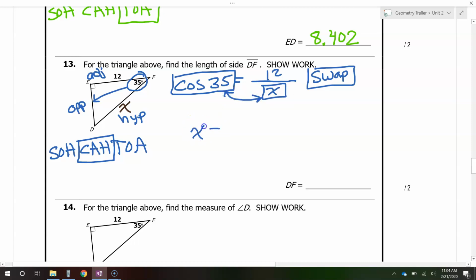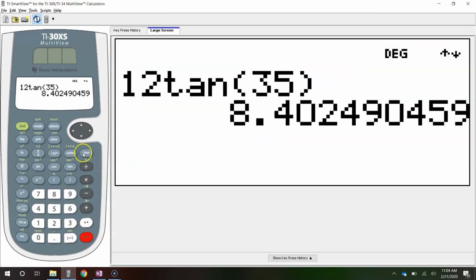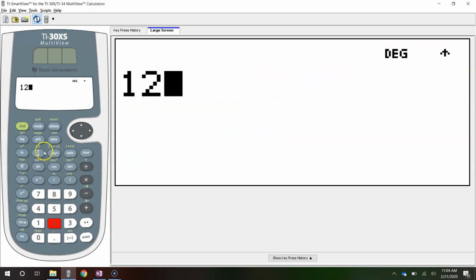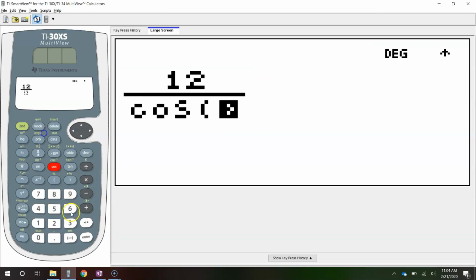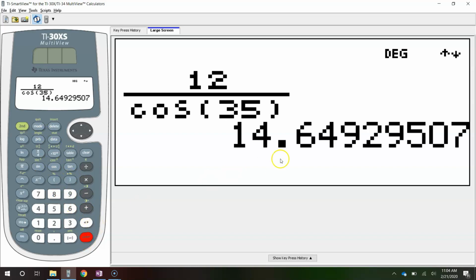So the x will end up over here. The 12 will stay where it is, but the cosine 35 will end up in the denominator. And this is something you can put in your calculator, 12 over cosine 35. 14.649.